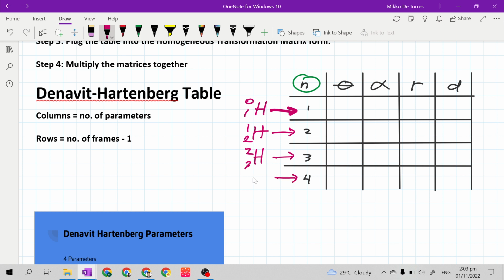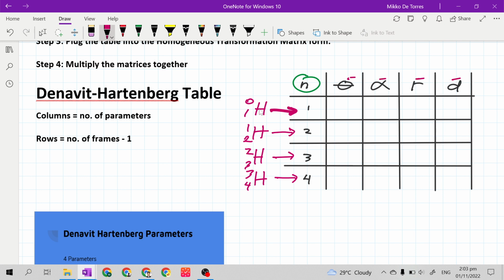And the last row represents the homogeneous transformation matrix of frame 4 in reference to frame 3. So these are the rows. Remember that in this class, the arrangement of our parameters starts with theta, then alpha, then R, then D.